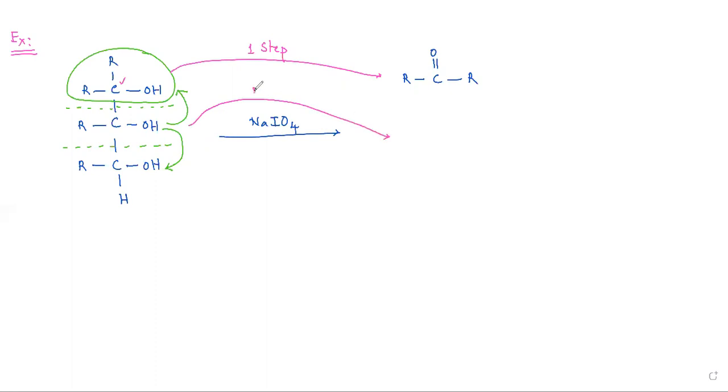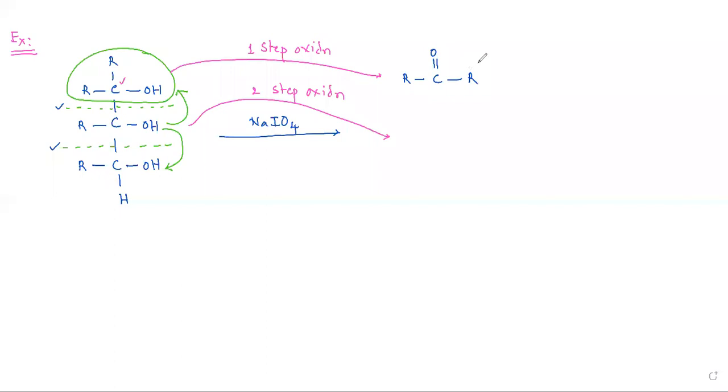See, in the first step, when you cut it here and here, this is simply a 1-degree alcohol. After cutting, it's a primary alcohol.